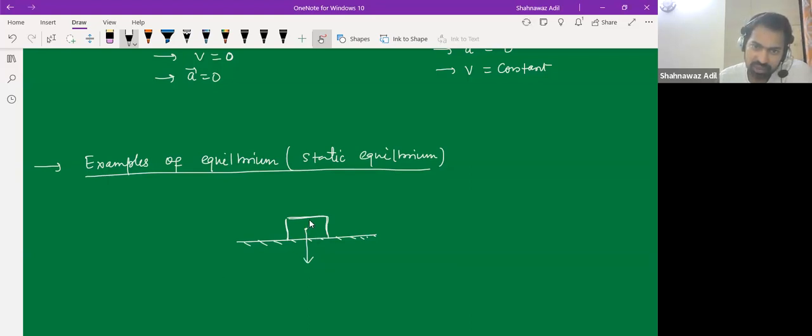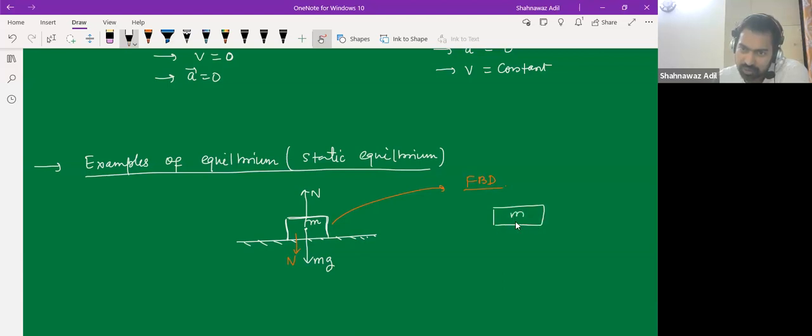It is also experiencing the normal reaction due to this surface, and it is also applying some normal reaction to this surface. But if we write the free body diagram of this object, what will that be?